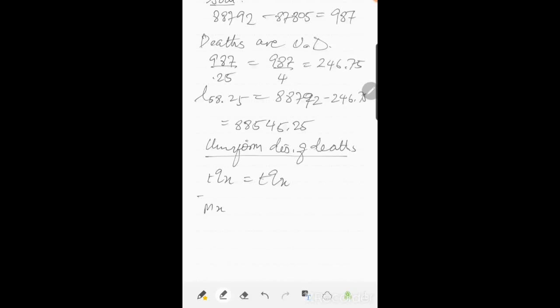So mx is given by the integral from 0 to 1 of tPx times the force of mortality mu x plus t dt, over the integral from 0 to 1 of tPx dt.